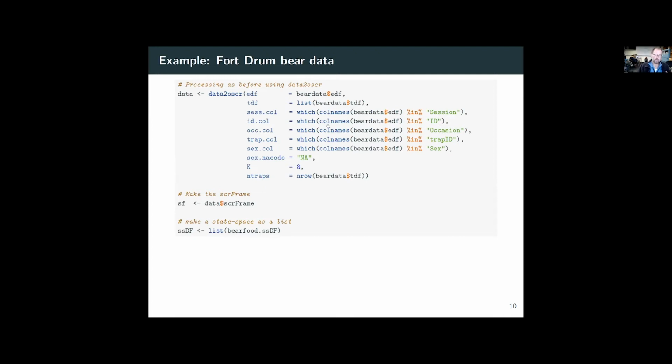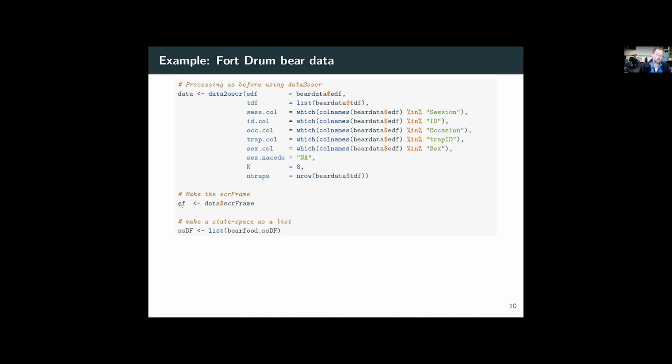And as Chris showed in the previous lecture, we have to specify the ses.doc column, the ID column, the OCC column, occasion column, the trap column, and so on and so forth. And Chris showed a kind of foolproof way to do that so that you don't mix those things up. Execute this, and it's going to produce an output file within which is this thing called SCR frame.